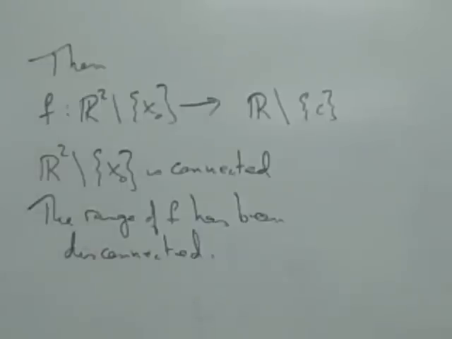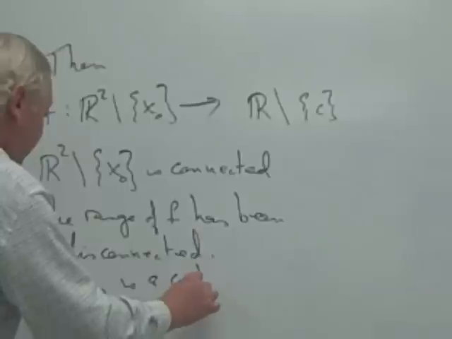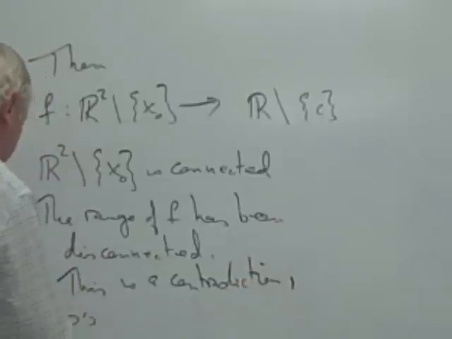Because there were values to both the left and the right of C, when I take the point C out, this is no longer a connected set. So I would have a continuous function that takes a connected set to a disconnected set. That's impossible. So this is a contradiction. And what did it contradict? Well, the assumption that there could be such a function.